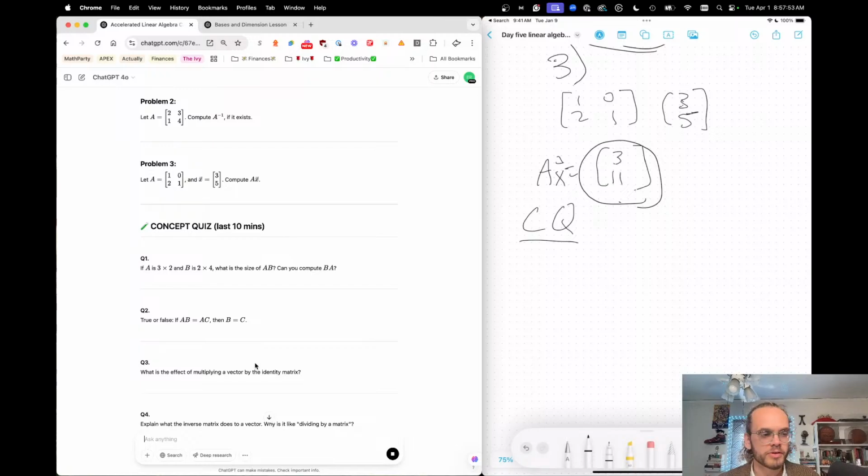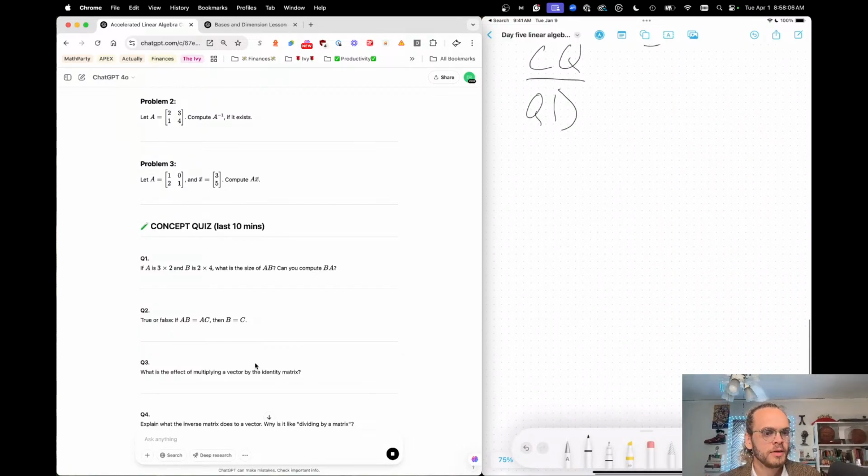Grok, maybe the most underrated of all of the AI large language models you can use. So Q1 is asking, if A is 3 by 2 and B is 2 by 4, the size of AB, I believe is going to be 3 by 4. No, those are the two things.